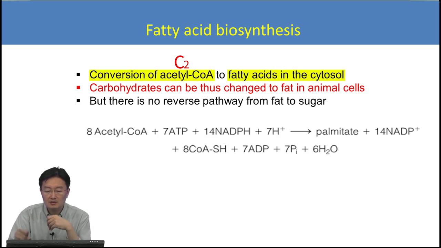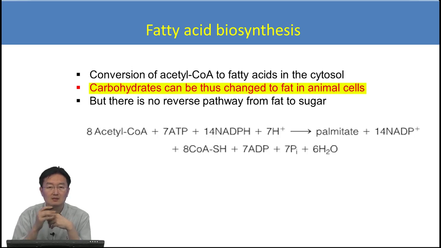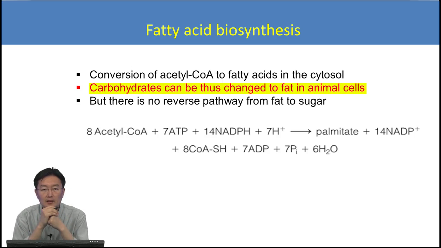An interesting point is this one. Carbohydrates like glucose can be used to produce fats in animal cells. Fatty acid degradation product acetyl-CoA can obviously be used for fat biosynthesis.